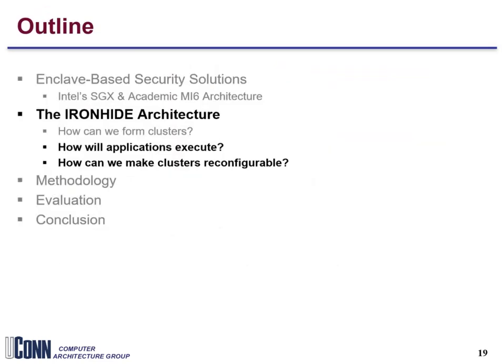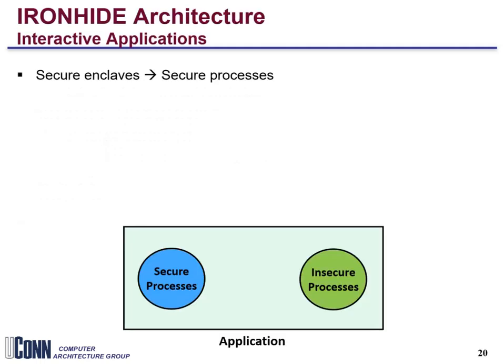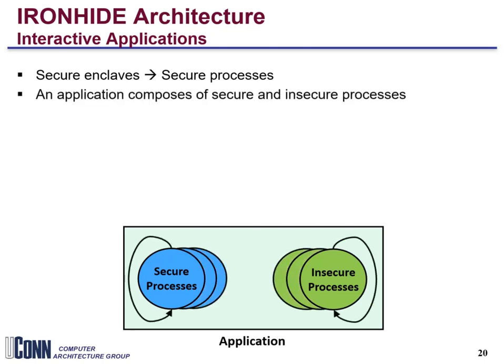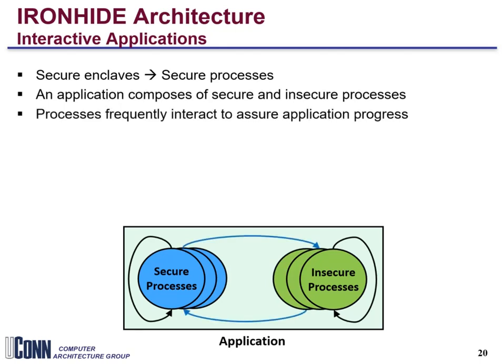So now that we know how clusters are formed in IronHide, let's try to understand how applications will execute on IronHide given all capabilities. IronHide adopts the enclave execution model, where we generalize the concept of enclaves with secure processes. Every application comprises multiple secure and insecure processes which frequently interact with each other to assure application progress.